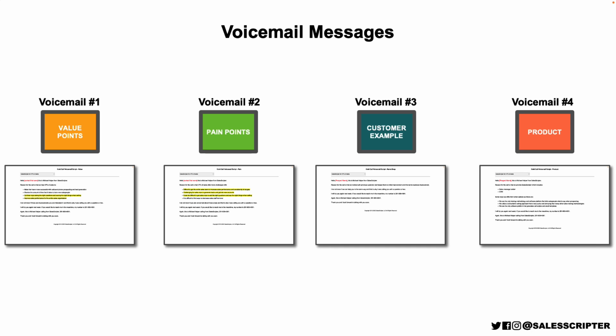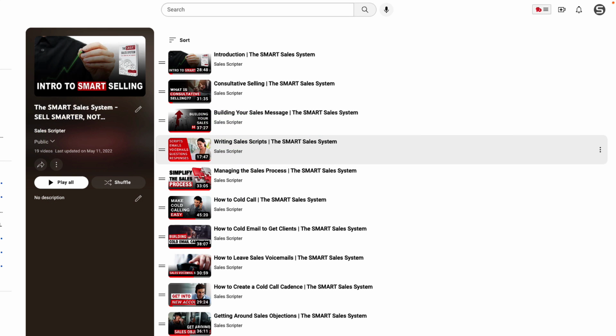Now, I'm actually not going to show you what each of those scripts and emails and voicemails looks like, because I've actually done that already in another video. If you like everything that I showed you in this video and you want to see what that script looks like, or you want to create that script for yourself, all you have to do is go to our YouTube playlist on our channel called The Smart Sales System, Sell Smarter, Not Harder.